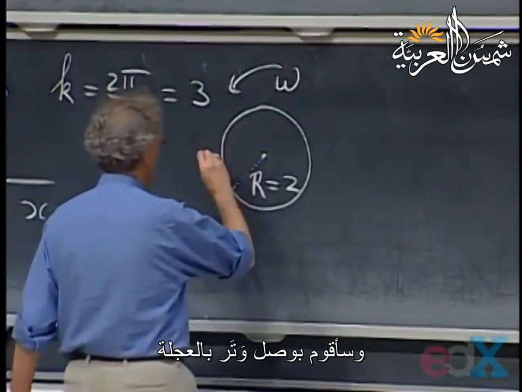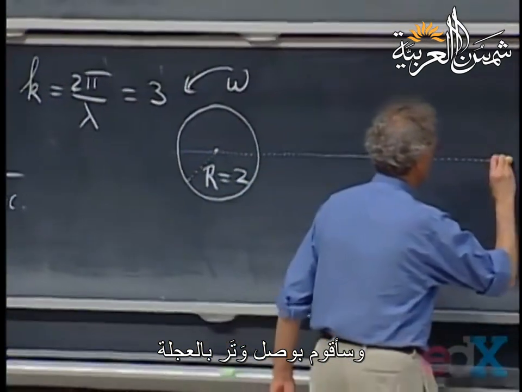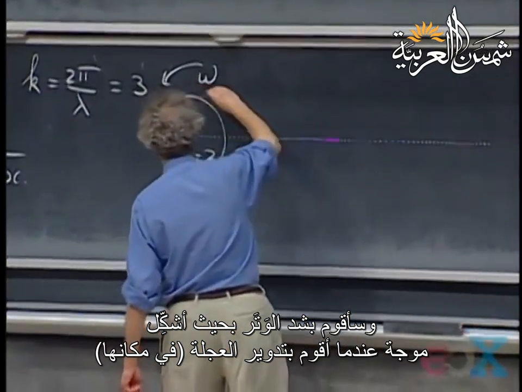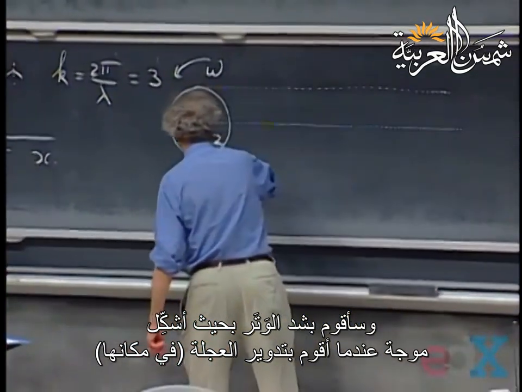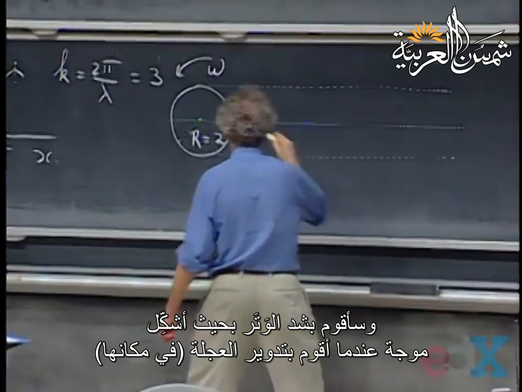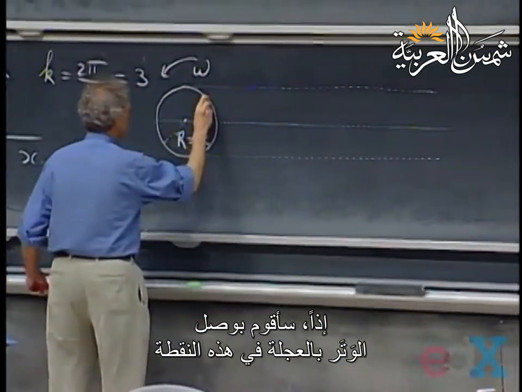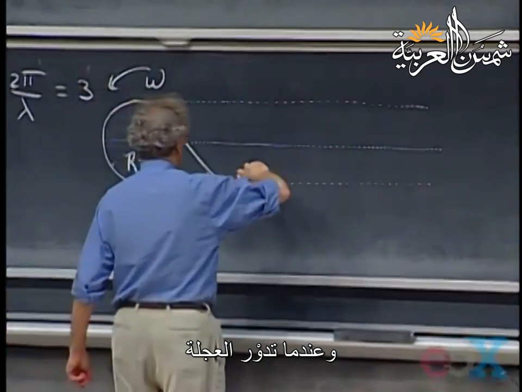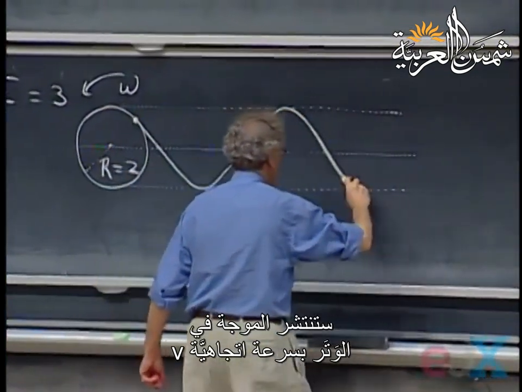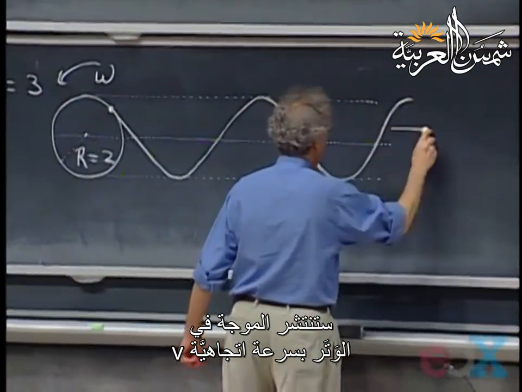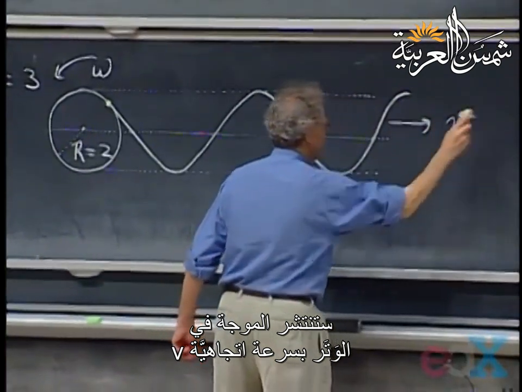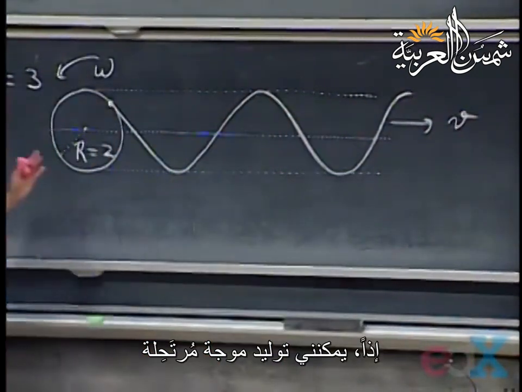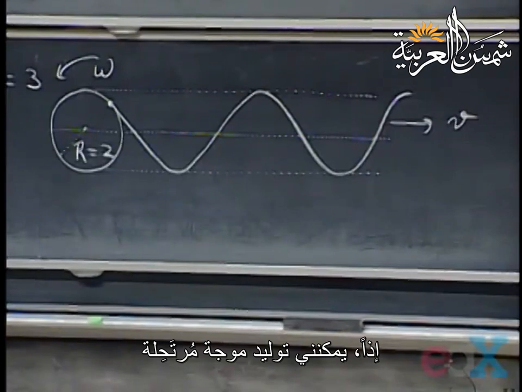And I attach to this a string, and I put some tension on the string, so that I create a wave as I rotate it, and the string is attached here, and as it rotates, the wave is going to propagate into the string with a velocity, let's say, v. So I can generate a traveling wave.